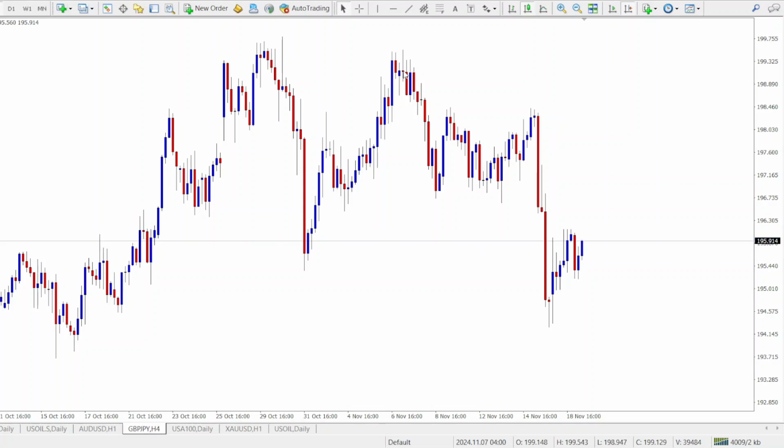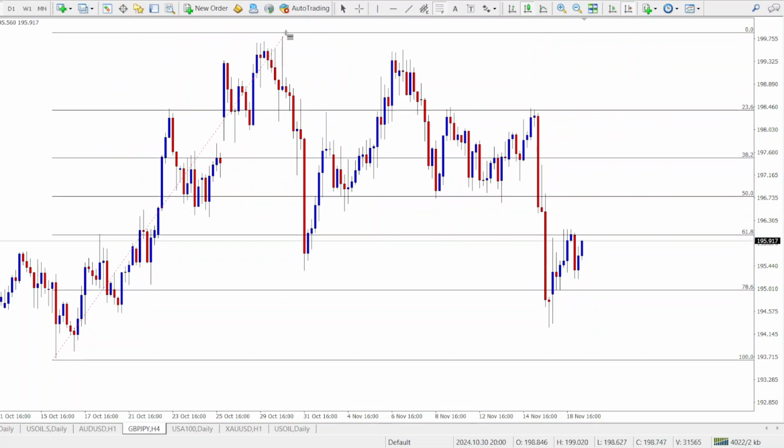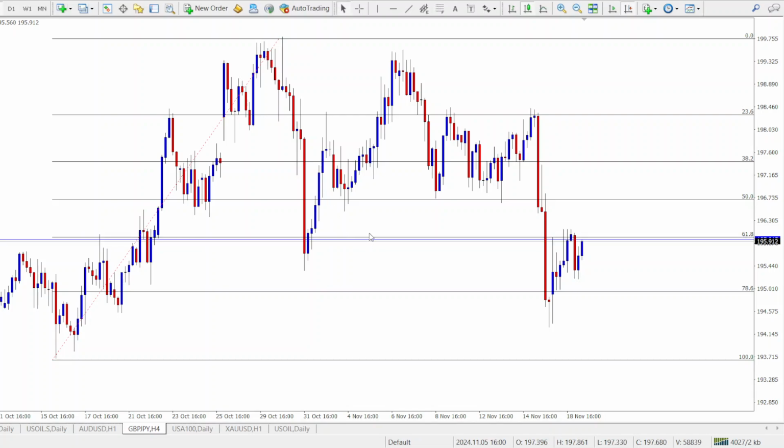Now, the Fibonacci retracement levels help us to identify potential areas of support and resistance, based on key ratios like the 23.6%, the 38.2%, the 50%, 61.8%, 78.6%, and so on, 100%.